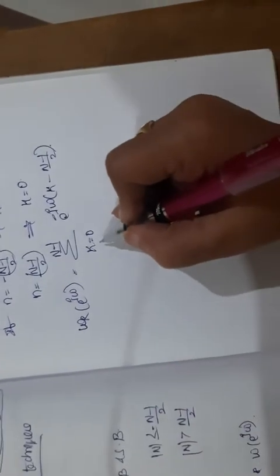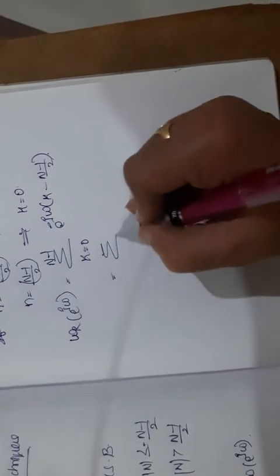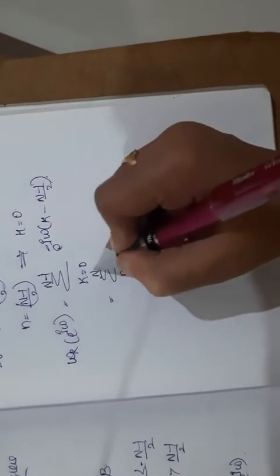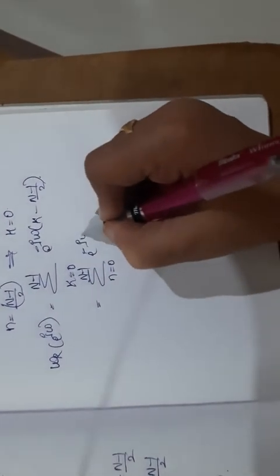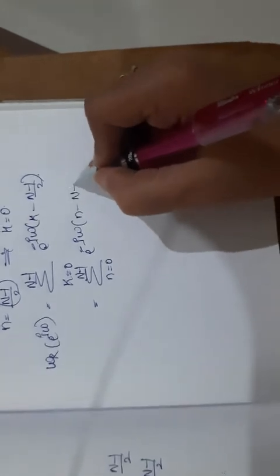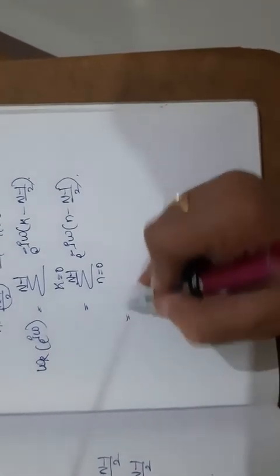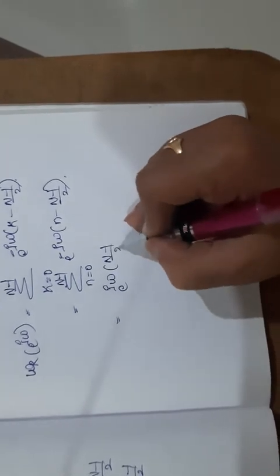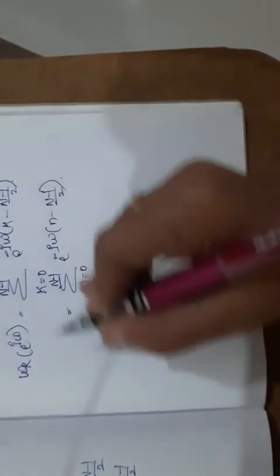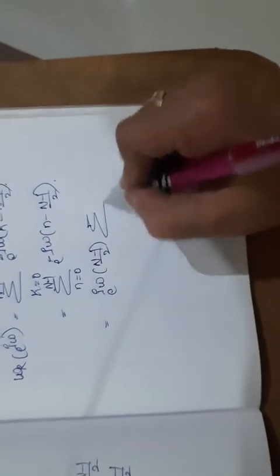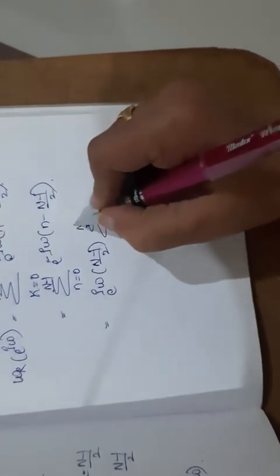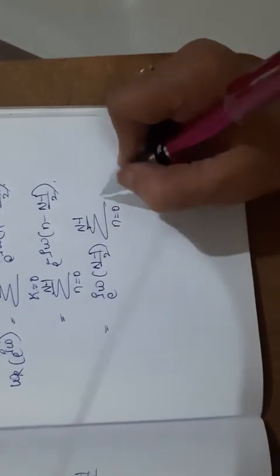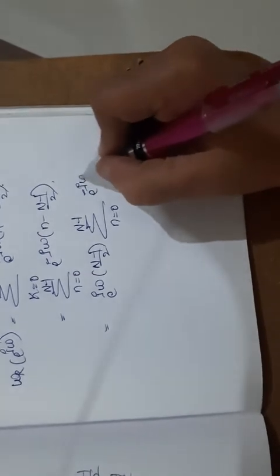Now changing the variable from k to n, I have the summation from n = 0 to N-1 of e^{-jωn} times e^{jω(N-1)/2}. I am bringing this e^{jω(N-1)/2} outside of the summation, leaving the summation from n = 0 to N-1 of e^{-jωn}.